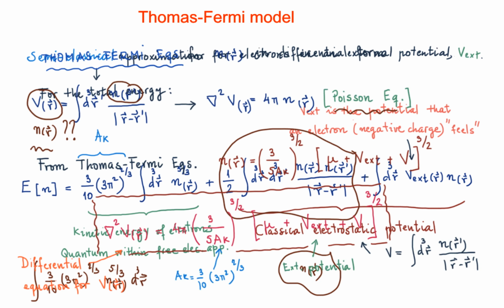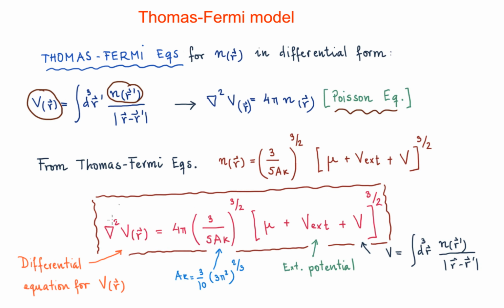So basically, we already have the equations that we need to solve. And now the next step is to solve that equation for some specific problem. And specifying the problem means specifying the external potential.